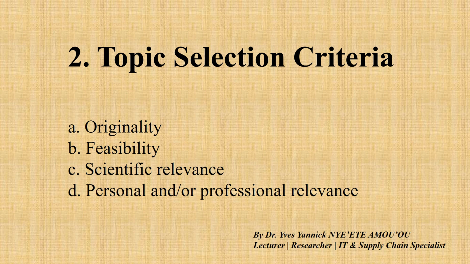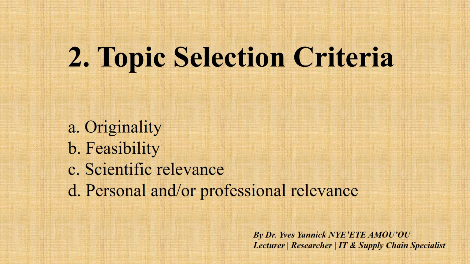So make sure that the topic must contribute to academic knowledge or address a real problem in your field. In D, you have personal or professional relevance. A good topic should align with your career goals or address an issue that matters to you. So you need to be sure about that.